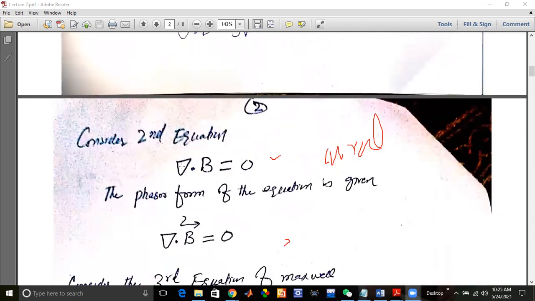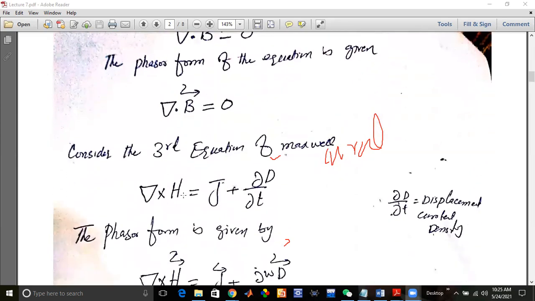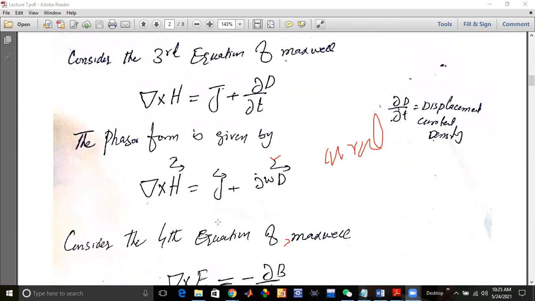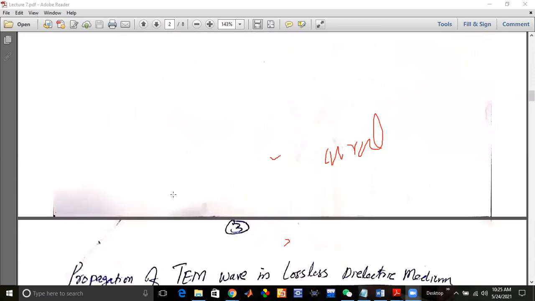This is the second equation, that the divergence of the magnetic field B is equal to 0. So this is in phasor form. This is the third equation, and this is the fourth equation. These are the four equations of Maxwell, and we have written them in different forms: the instantaneous form and the phasor form.